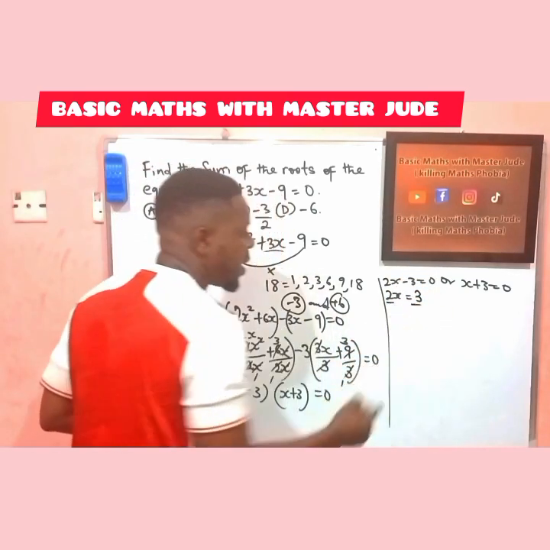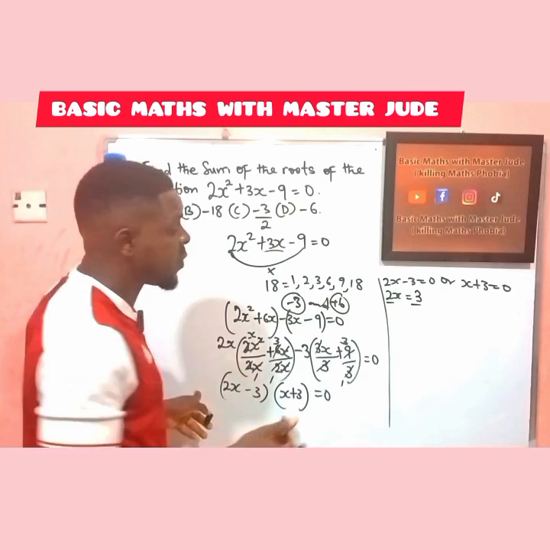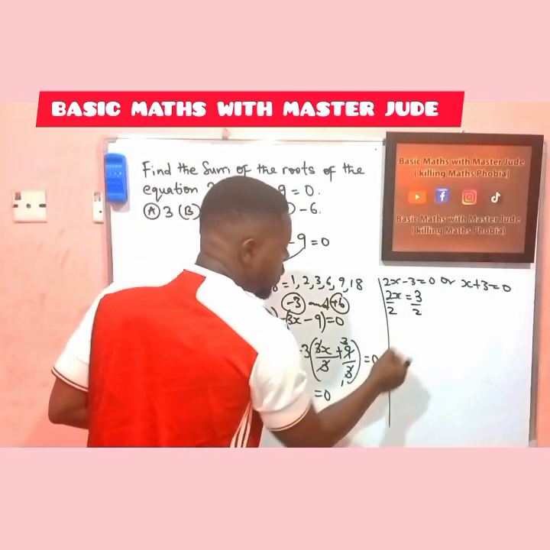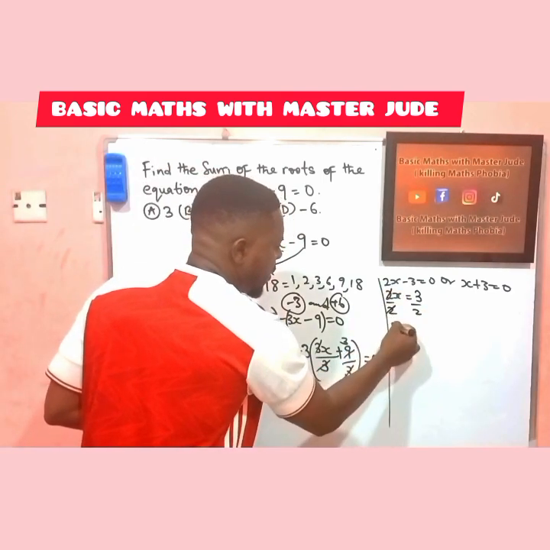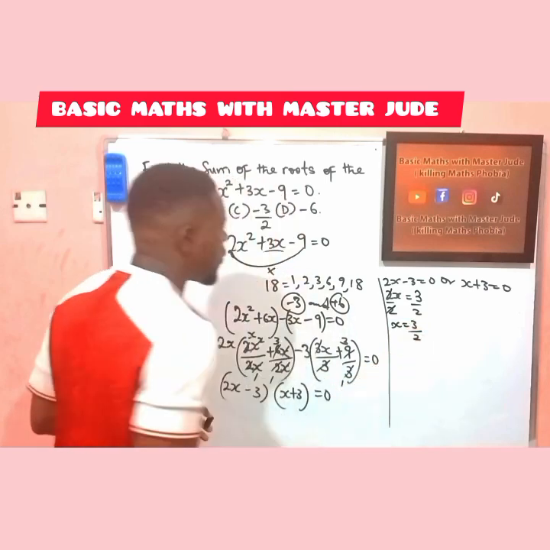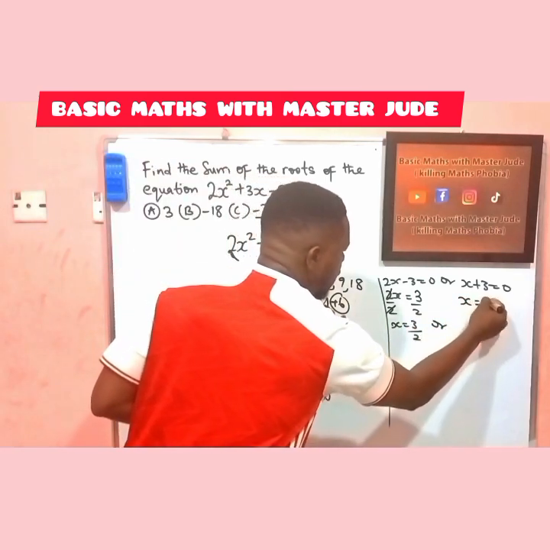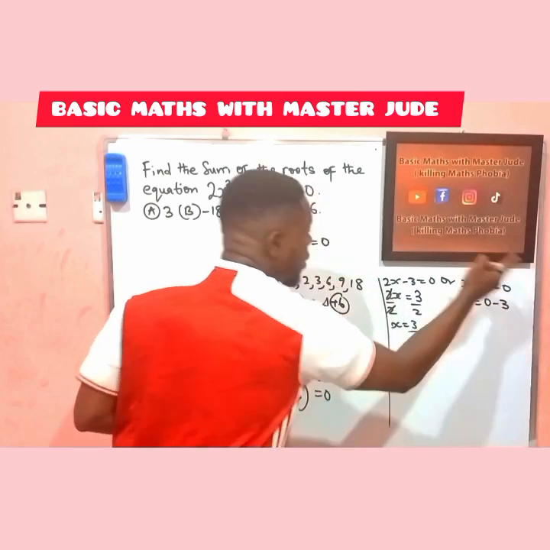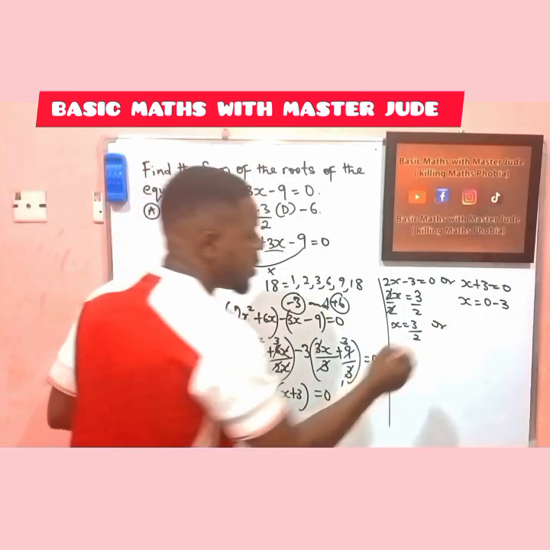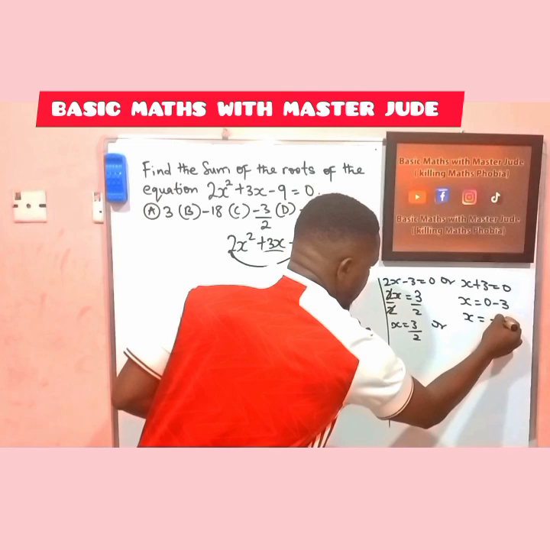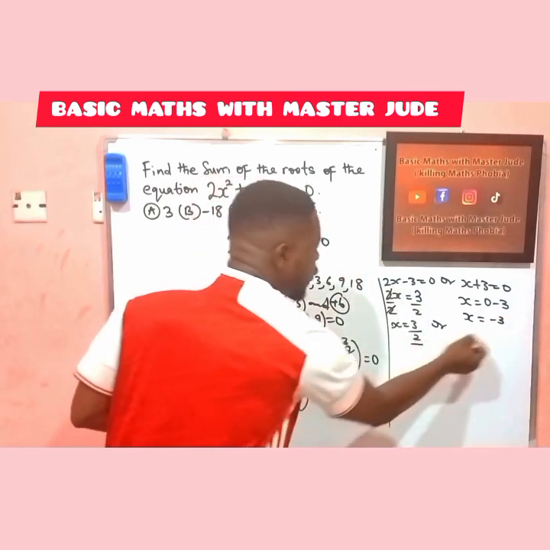Then dividing both sides by the coefficient of x, which is 2. This will cancel. I'm left with x is equal to 3 over 2. Or x is equal to 0 minus 3. Plus 3 crossing the equality sign becomes minus 3. So my x here is minus 3. So these are the two roots.